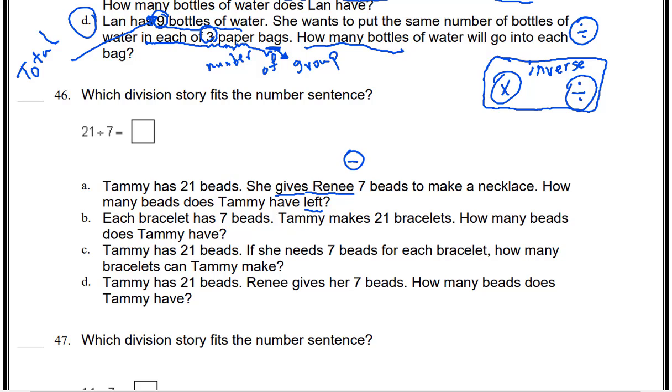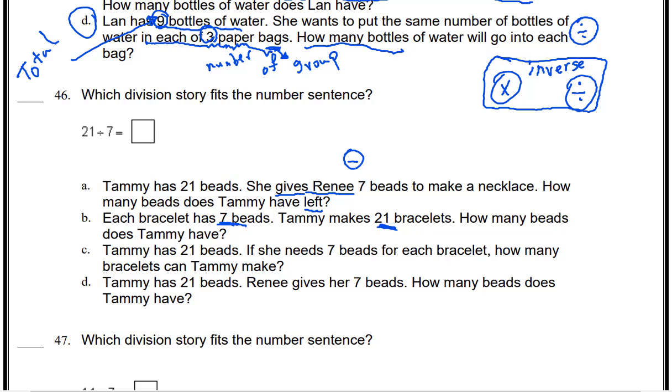Excellent. Okay, the next one. B. Each bracelet has 7 beads. Timmy makes 21 bracelets.